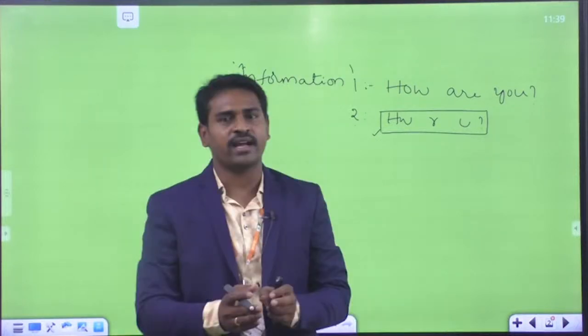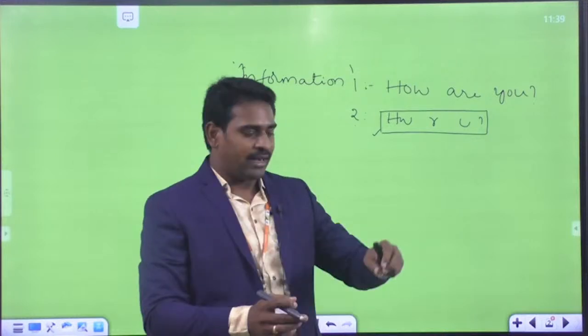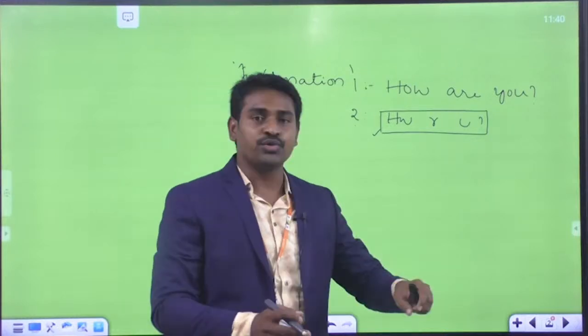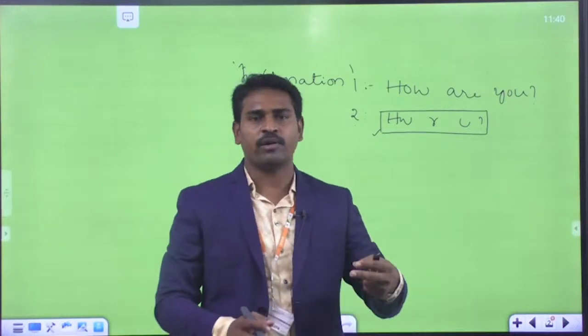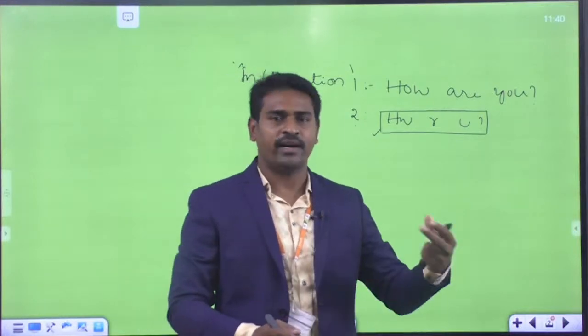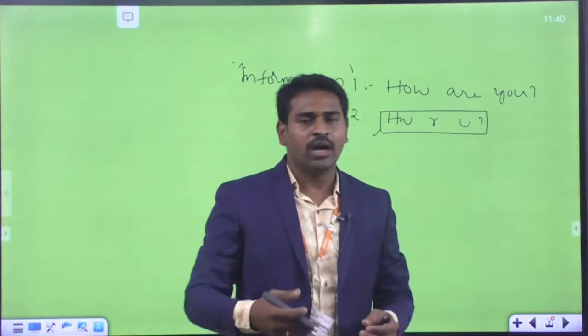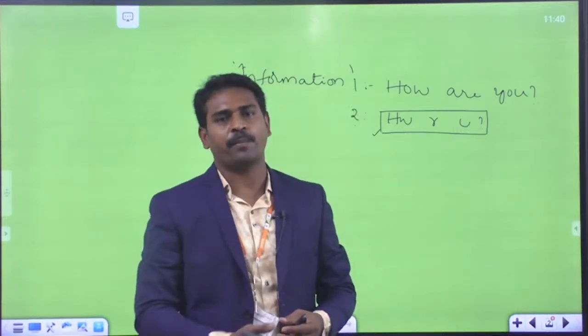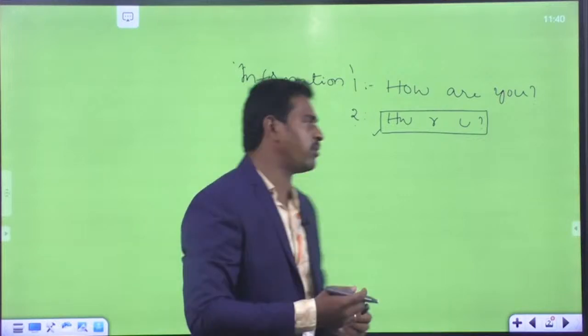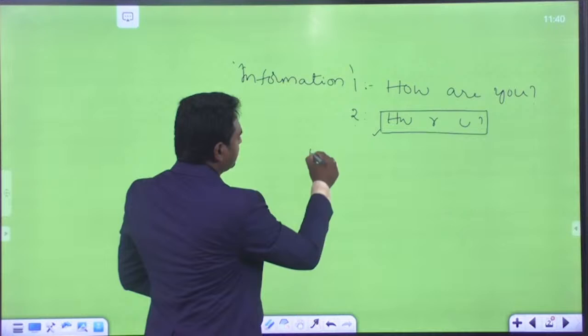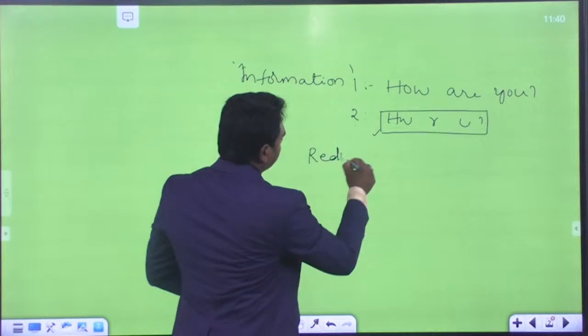Information is the original content; data is the term used to represent that information. We may represent the same information with different types of data. Whenever we use different types of data to represent the same information, we have a problem. What is the problem? That is called redundancy.